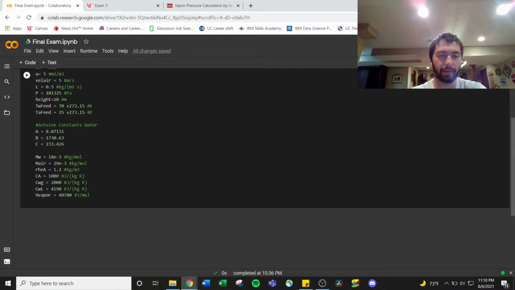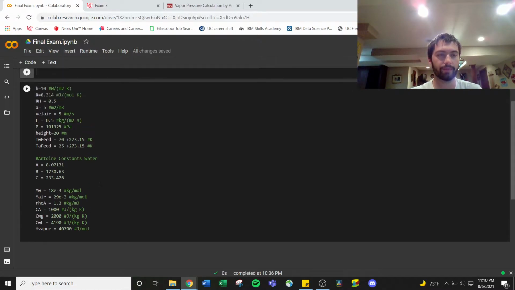Next I have the heat capacity of air to be 1,000 joules per kilogram Kelvin. And then next I have the heat capacity of vapor water to be 2,000 joules per kilogram Kelvin, and liquid water to be 4,190 joules per kilogram Kelvin. Then I have the heat of vaporization of water to be 40,700 joules per mole.